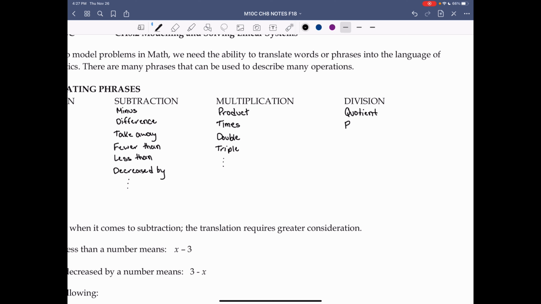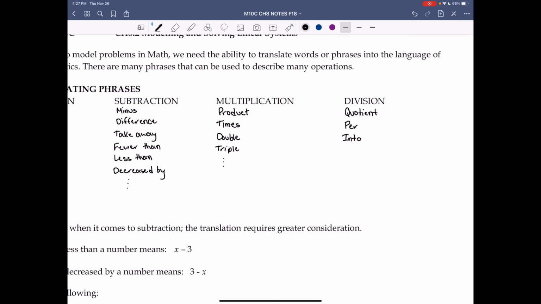Per is one that is frequently used in word problems. An example might be kilometers per hour. That means kilometers divided by hours. Into. How many times does 5 go into 20?